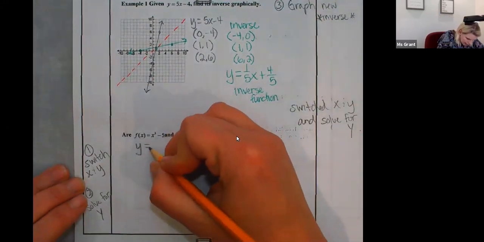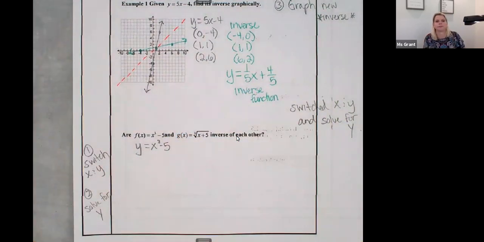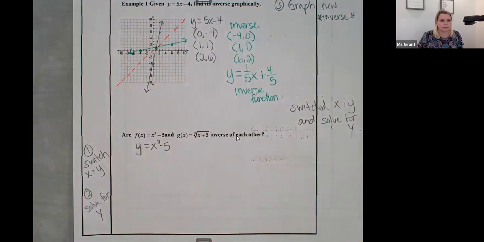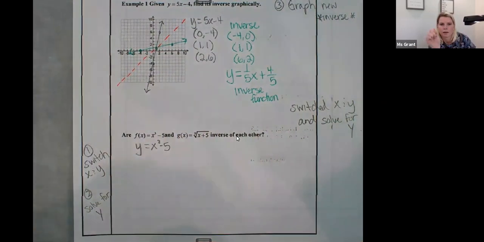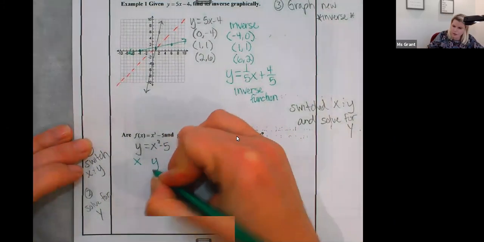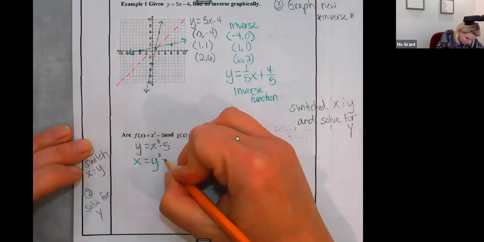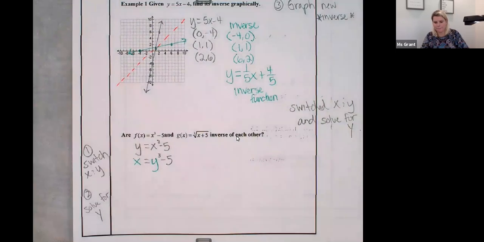Y equals x cubed minus 5. Okay. And switch x and y. Watch this. Instead of x, put the y. Instead of y, put the x. See what I did there?